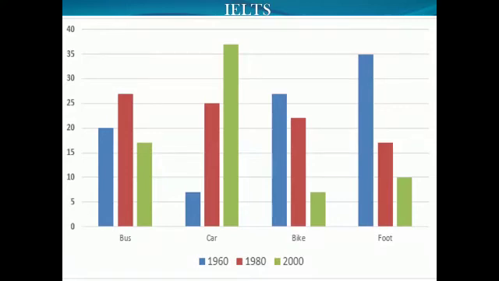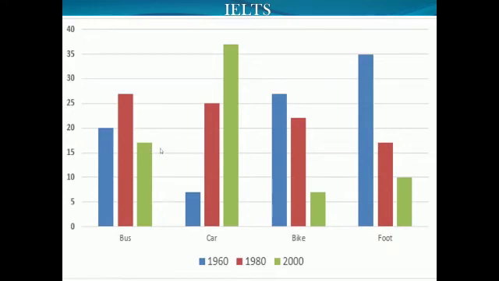So for example, if you're looking at the modes of transport, this is a dynamic question. So what's happening to the usage of the 4 modes of transport with regard to the 3 different years that has been given to us? For example, if you take what's happening to the usage of bus, you can see fluctuation, because it was at 20, moved up to somewhere around 27 in 1980, and then declined to somewhere around 17% in 2000.